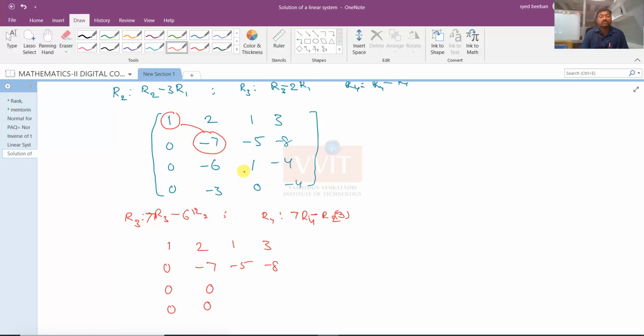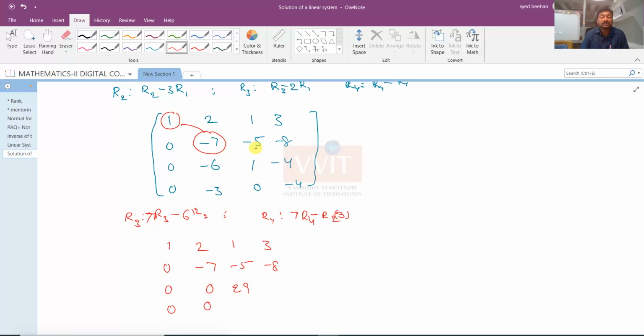These two we made 0. So I make it 29. Multiplying this with the 7 and this with the 6.